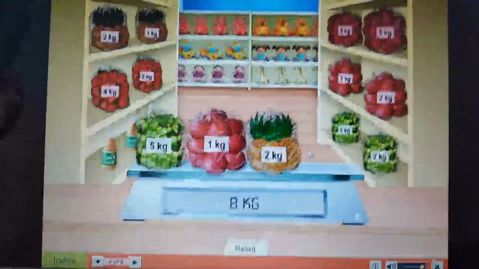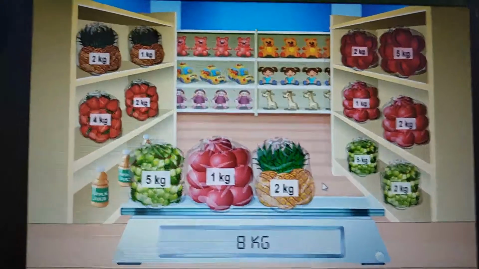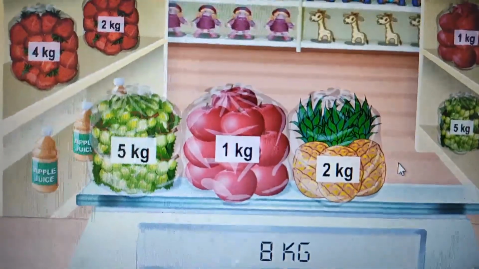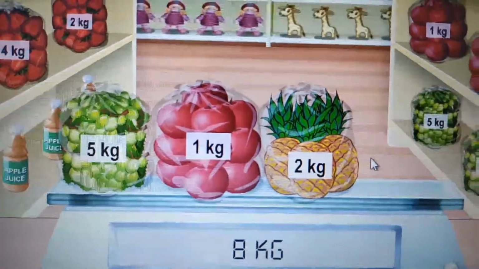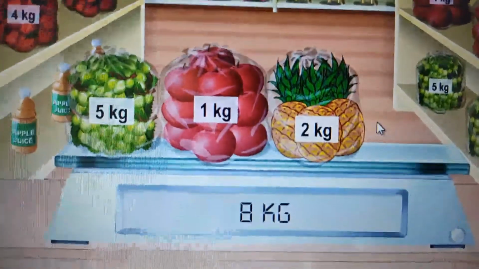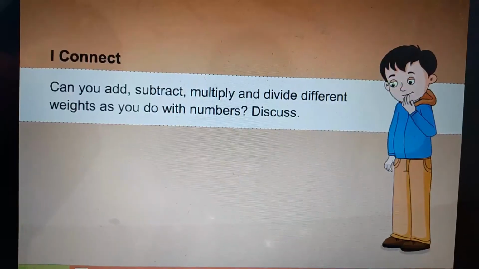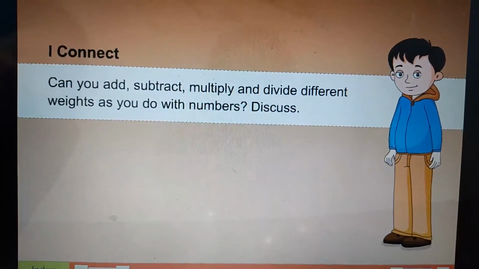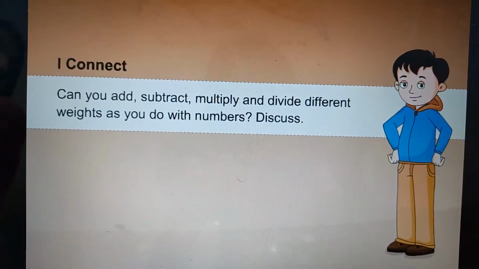So children, kilogram is the unit of weight. In short, it is written as kg. See here, this is the bag of 5 kg, 1 kg, 2 kg and the total weight is 8 kg. You can add, subtract, multiply and divide different ways as you do with numbers.